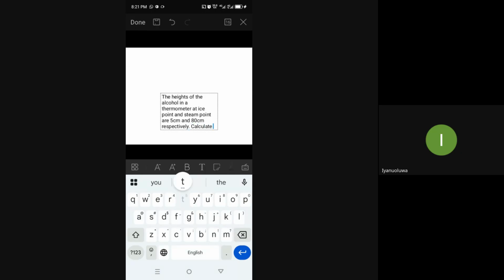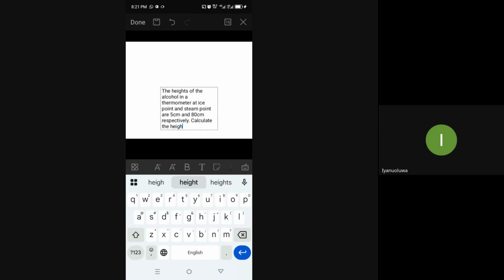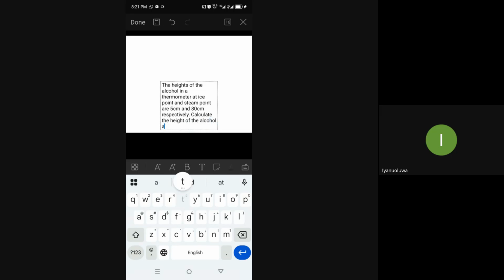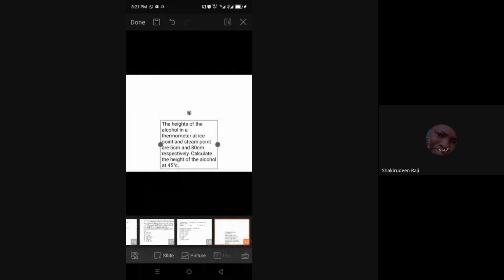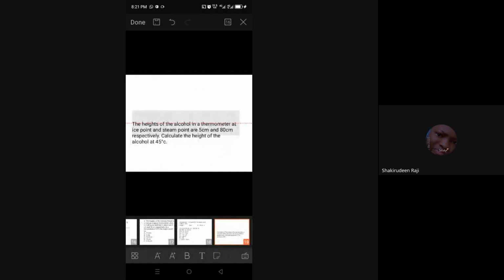Calculate the height of the alcohol at 45 degrees Celsius. That's the question. Very simple question. 45 degrees Celsius.